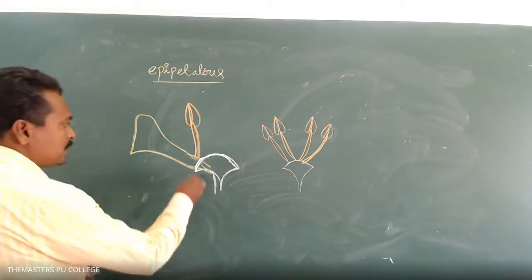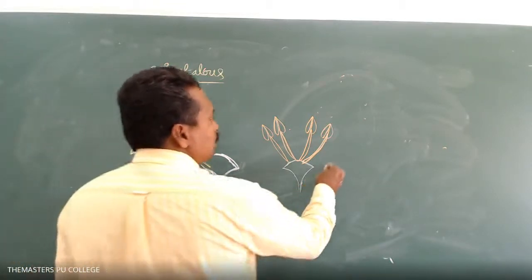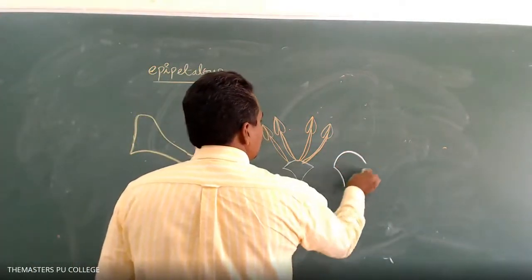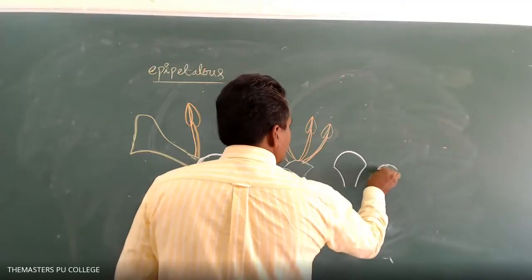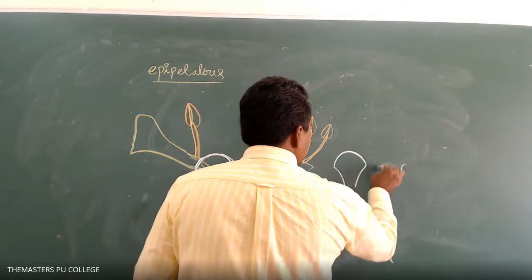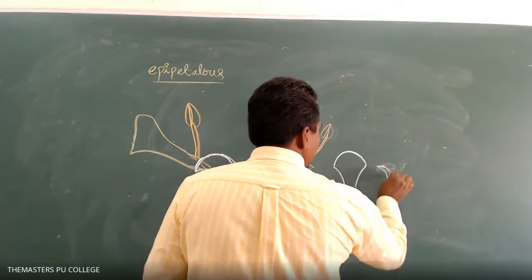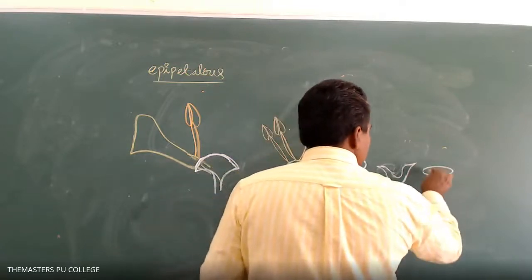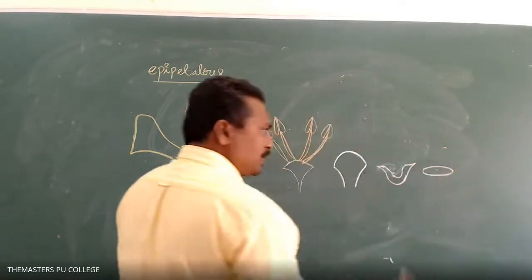In some of the plant species, the thalamus appears convex. Sometimes it may cover the ovary. It may appear cup-shaped, concave, convex, or like a saucer; it appears in several different shapes.